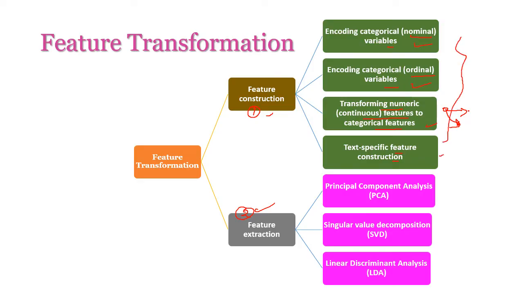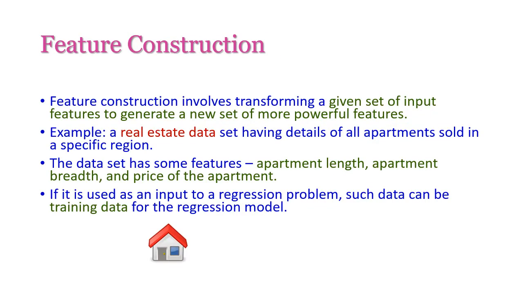These four come under feature construction. When it comes to feature extraction, there are principal component analysis, singular value decomposition and linear discriminant analysis. These three topics we have already seen in our previous video, and they come under feature extraction. Now let us see feature construction.